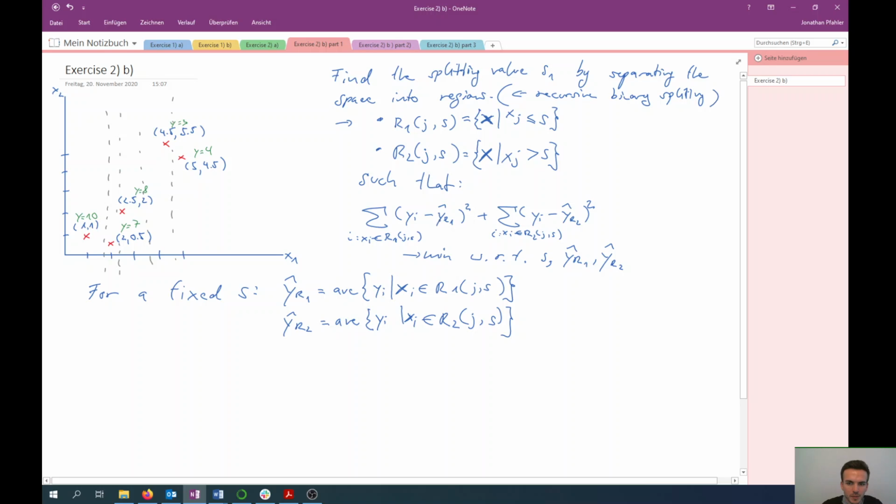The first part here is our estimated value of y for all points in the region R1, and this we define as the average of all the y values of the points inside that region. Same goes for the second one. Our estimated value for all the points inside region 2 is the average of the y values of all the points inside region 2.